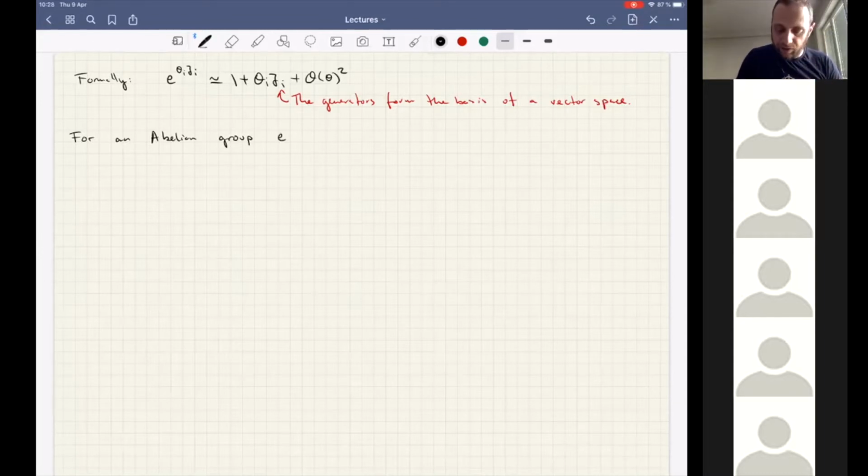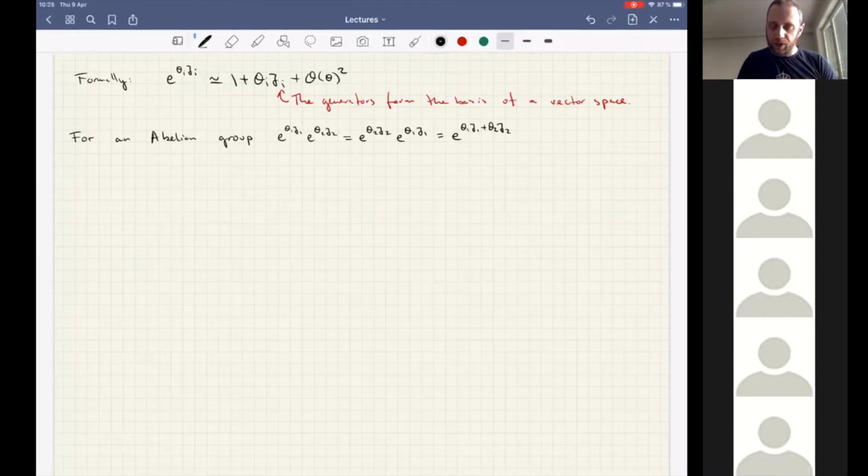So e to the theta 1 J1 times e to the theta 2 J2, since the group elements commute, would be e to the theta 2 J2 times e to the theta 1 J1. So we have a commutative group in the abelian case by definition. And we can also write this as e to the theta 1 J1 plus theta 2 J2. However, many groups are not abelian. In particular, many of the groups we will look at will not be abelian.